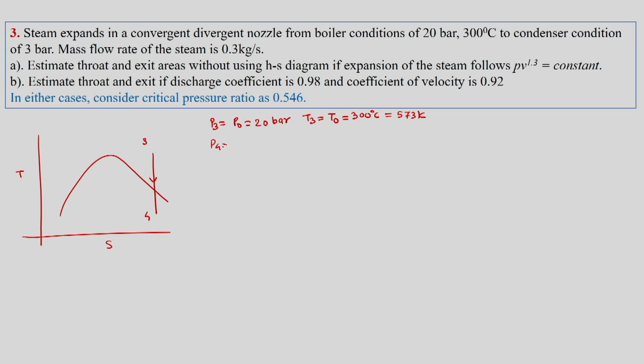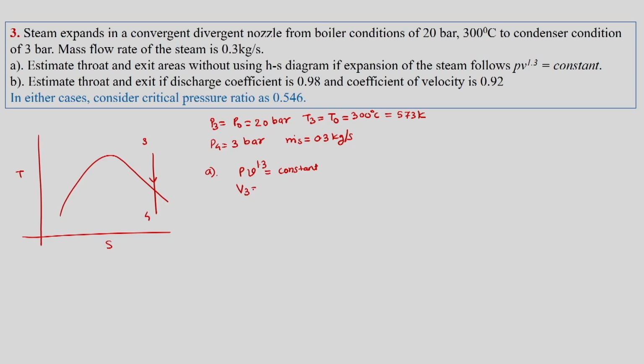We are told that P4 is equal to 3 bar, and steam flow rate m dot s is 0.3 kg per second. Let us consider part A. Here in part A, it is told that PV raised to 1.3 is equal to constant, and we are specifically told that we cannot use the steam table. So, there are ways by which we can solve the example.